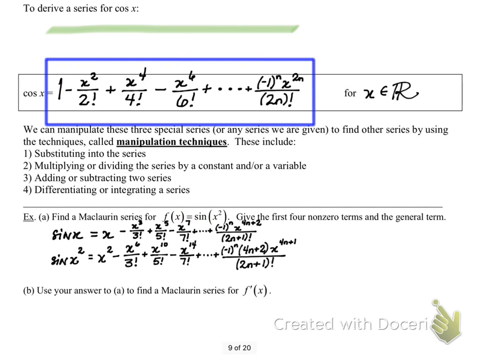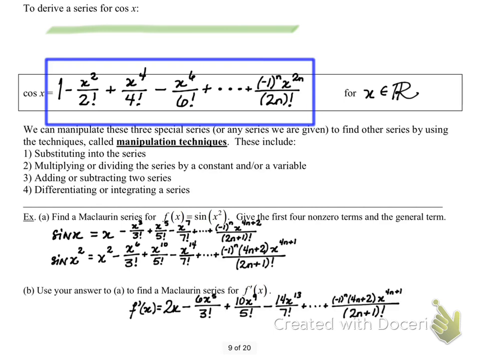Before now, in order to integrate the sine of x squared, you would have had to use your calculator, and it would have had to be a definite integral. With that in mind, we're going to do something rather lame, and we're just simply going to differentiate that Maclaurin series so that we can find f prime of x.